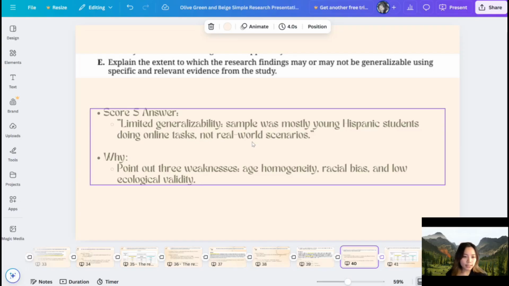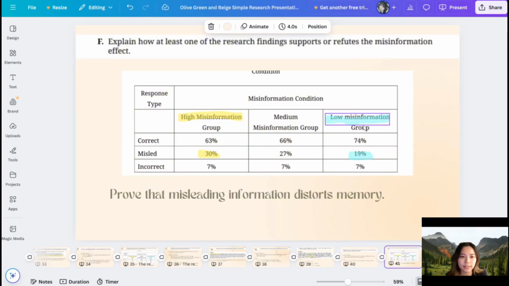Because they point out the 3 weaknesses: mostly the same age group, racial bias, with 65% Hispanic students, that's a lot, and low ecological validity.